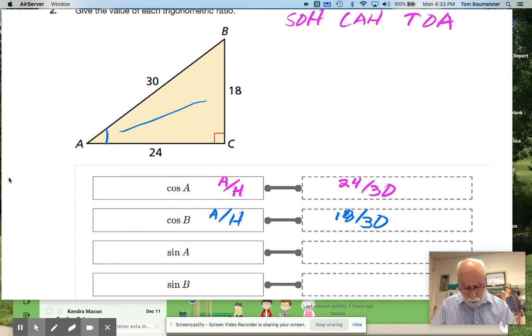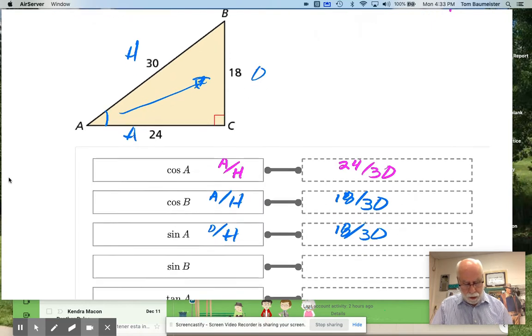This one is the opposite, which is 18, over the hypotenuse, which is 30. Here's our opposite, our adjacent, our hypotenuse. The opposite on that one is 18, the hypotenuse is 30.